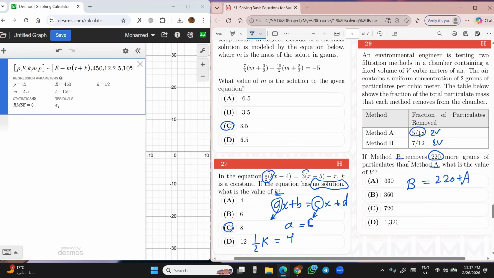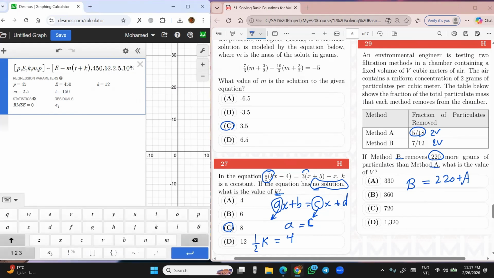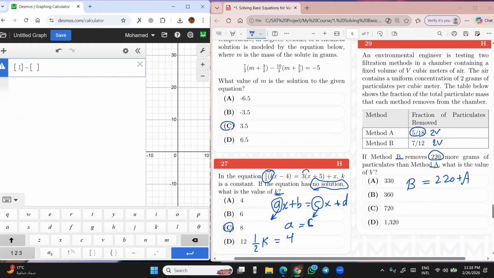So we can write all this information here also. Start from the left, remove that. We remove everything here. And in the left, we write B. In the right, we need to write 220 plus A. And to the left, we need to write A is what? In the table, A is 5/18 of 2V.